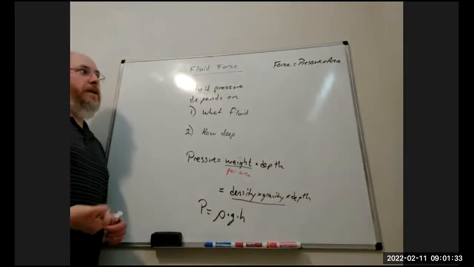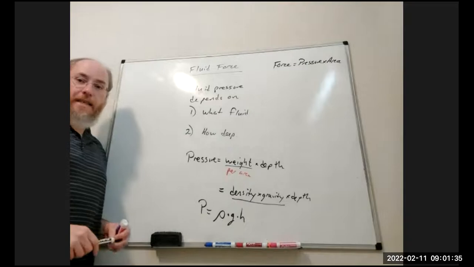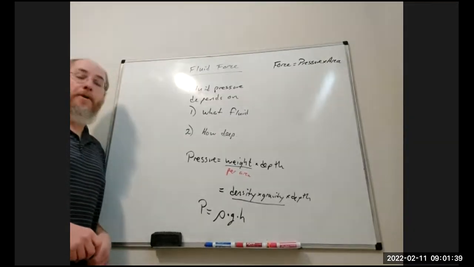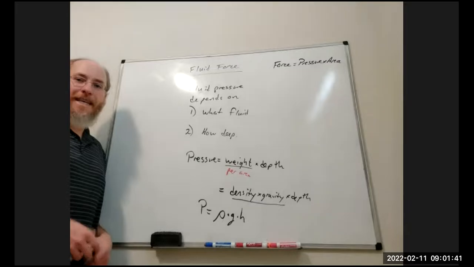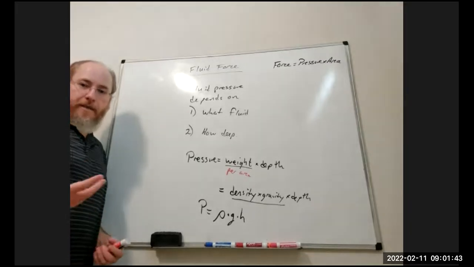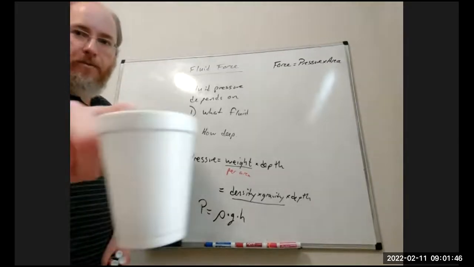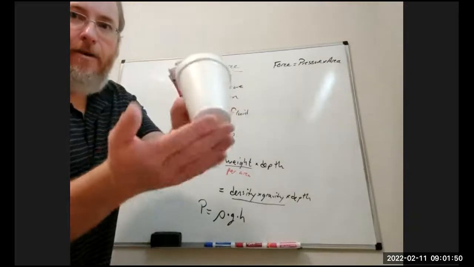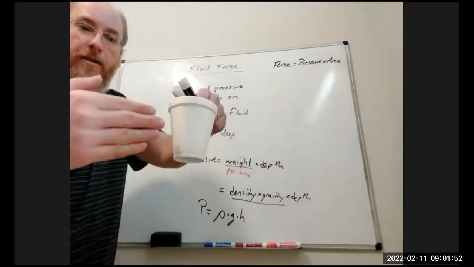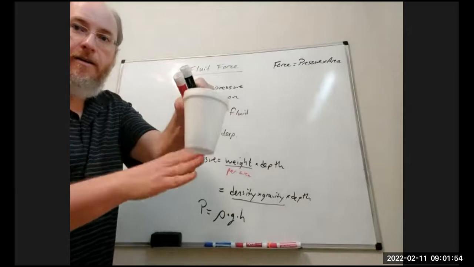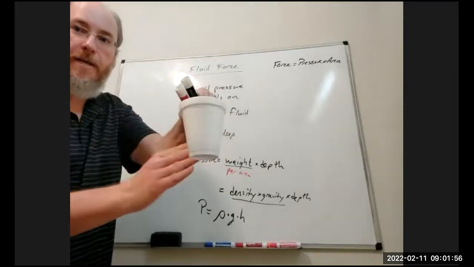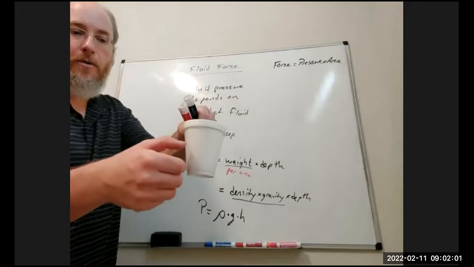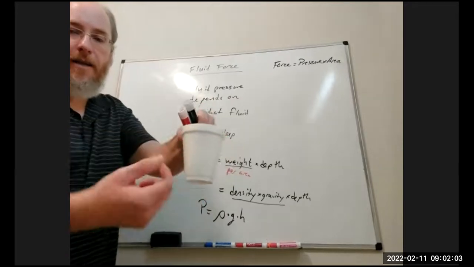So if we wanted to know how much force was acting on that, we would need to know not just what pressure there was, but how much area it had. In the case of the coffee cup, it's what's the surface area, right? How much area do we have all the way around? Because all that pressure is pushing on all the different pieces. And so the total force acting would be the total pressure applied everywhere.